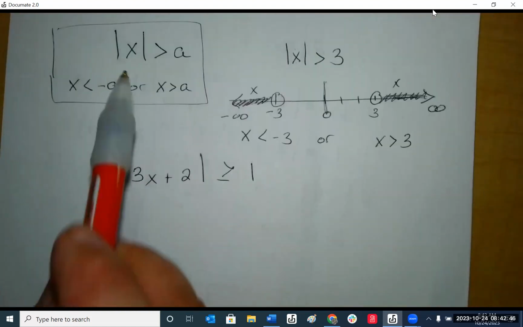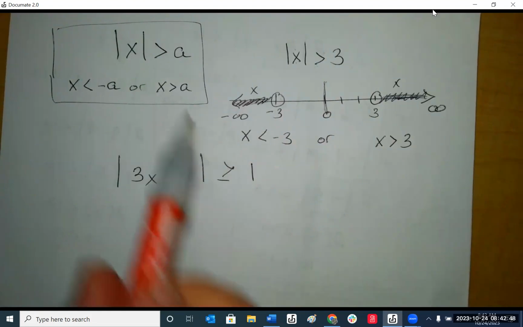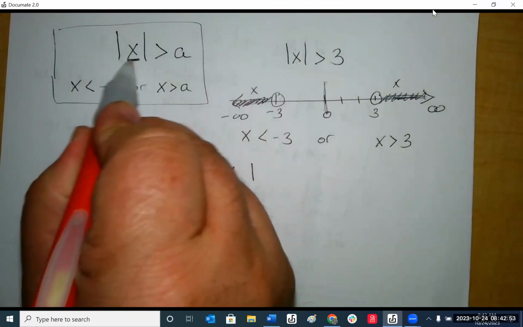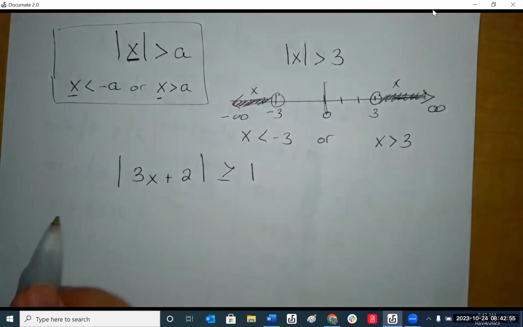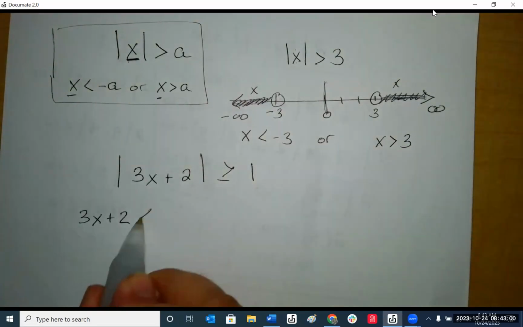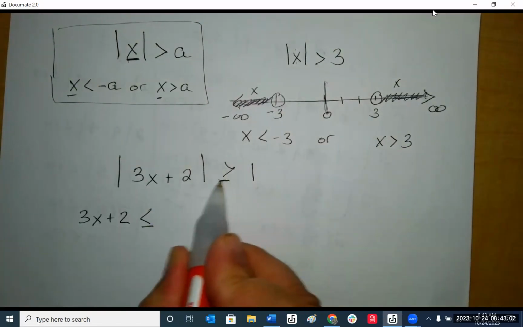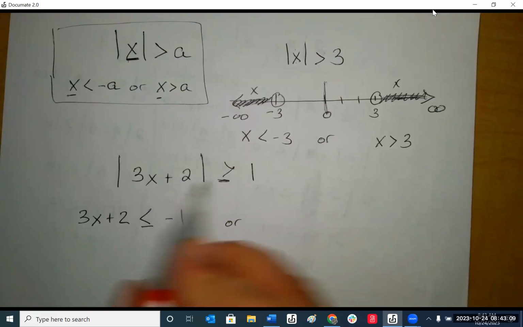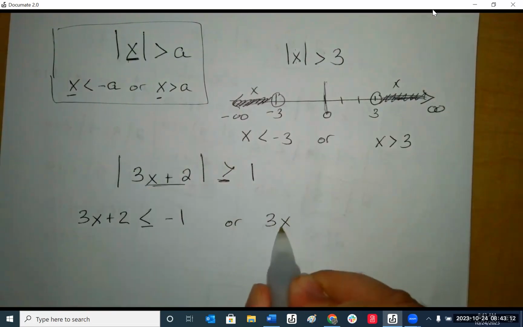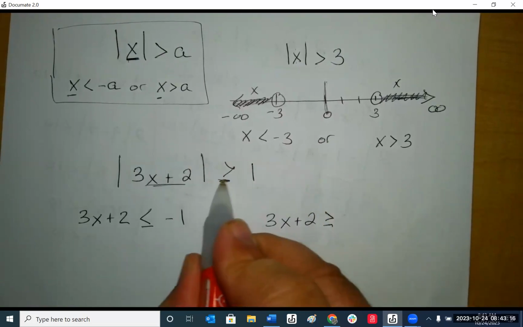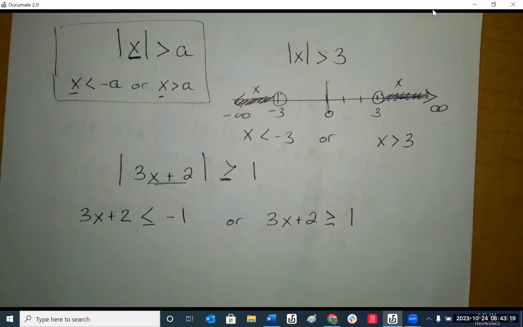So looking at our formula up here, since it's a greater than sign, we're going to have two possibilities. We're going to have whatever's inside the absolute value will go here. So we have 3x plus 2 is less than or equal to negative 1. Or 3x plus 2 is greater than or equal to positive 1.